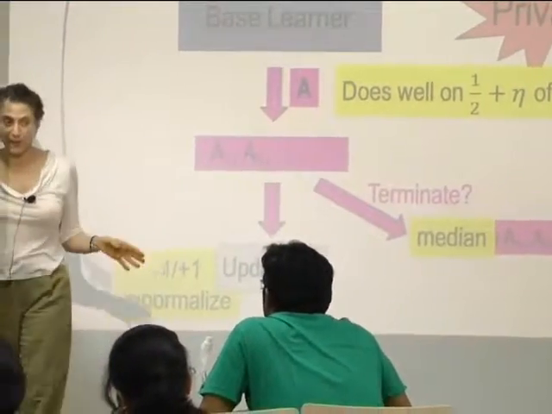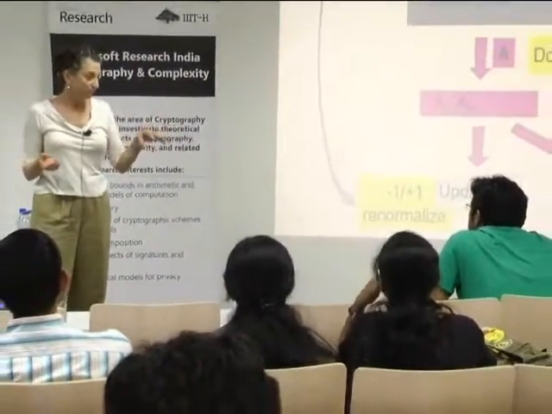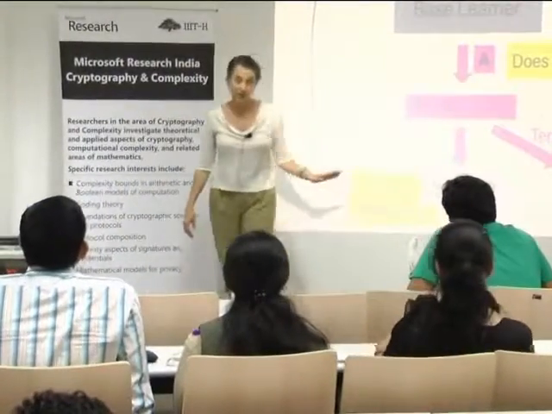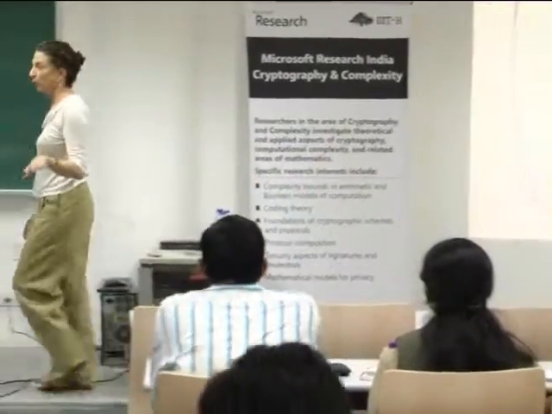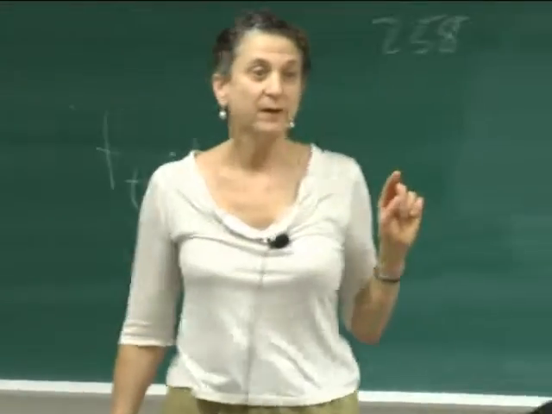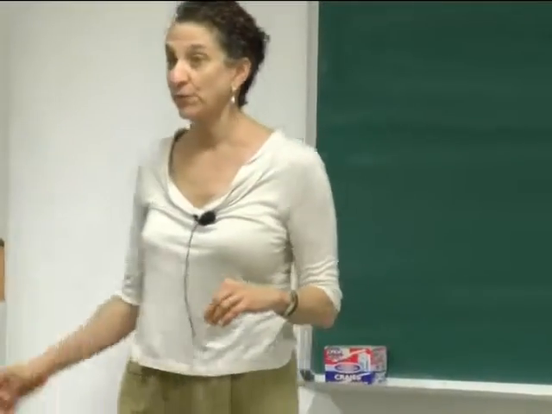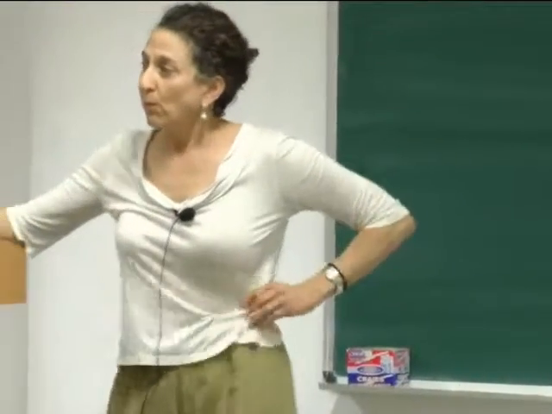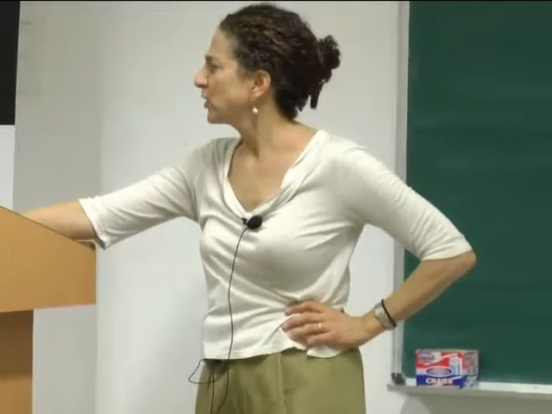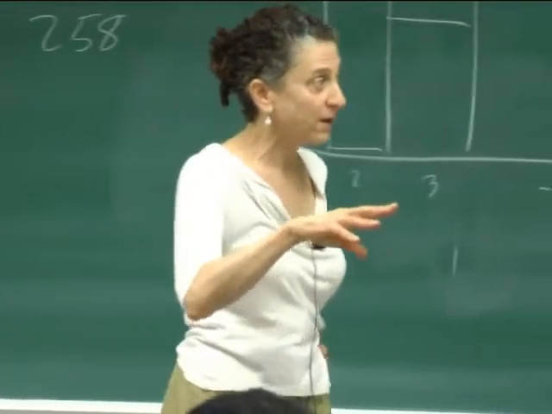But remember, I assumed I had a private base learner that when given a small set of samples produced something that would do well on a half plus eta of the distribution. So I already took care of that with the assumed private base learner. Yeah, very good. So that's one place, the samples that are being fed to the base learner. These are sample queries. Yes, there's the issue with the base learner, but we handled that.